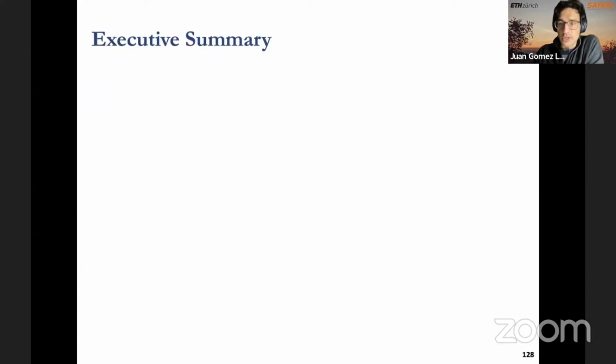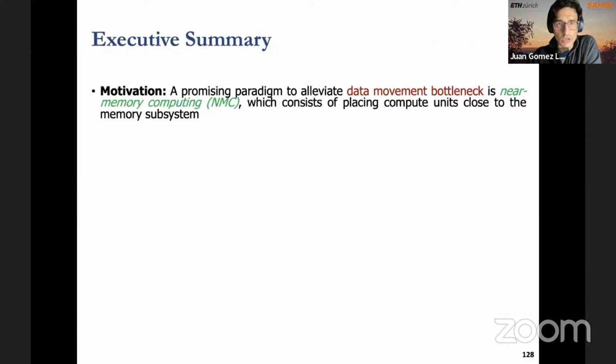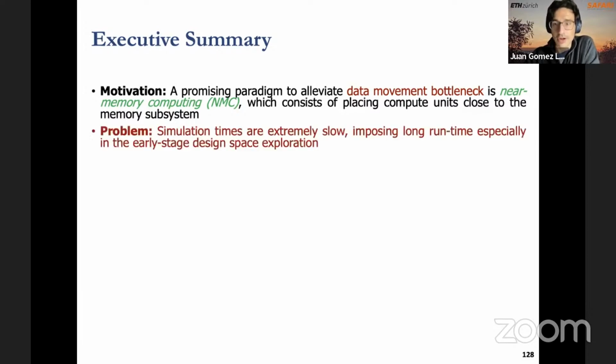Let me very briefly introduce you to this NAPEL work. The motivation is, of course, to use processing in memory or near memory computing, which is essentially the same thing with a different name. The problem is that simulation times are extremely slow, imposing long runtimes, especially in early stage design space exploration.